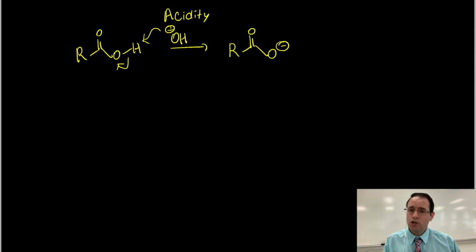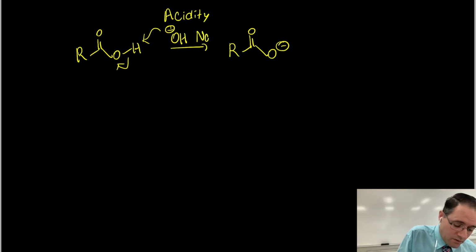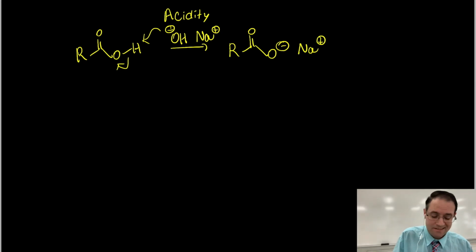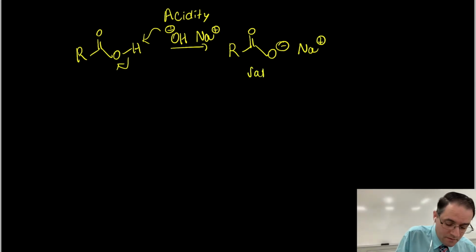Now, this is a carboxylate, and it's resonance stabilized. So if you add sodium hydroxide to that, you get a salt. This is called sodium carboxylate, and it's a salt.